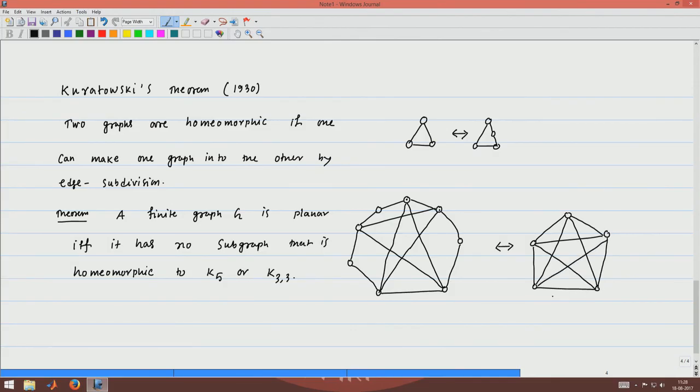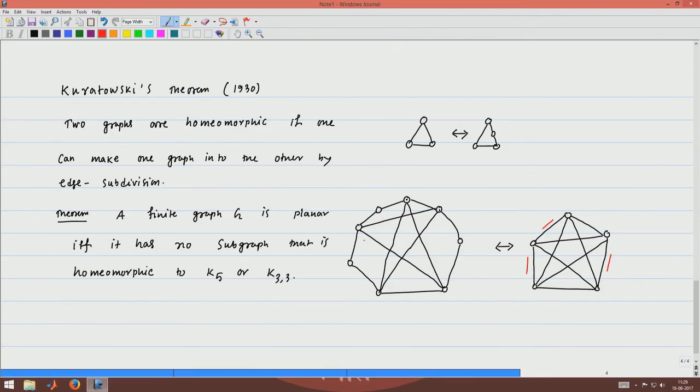Now, you can see that you can get this graph from this graph by subdividing this edge, this edge, this edge and this edge. So, by subdividing this edge you will get these two edges or a path of length 2.